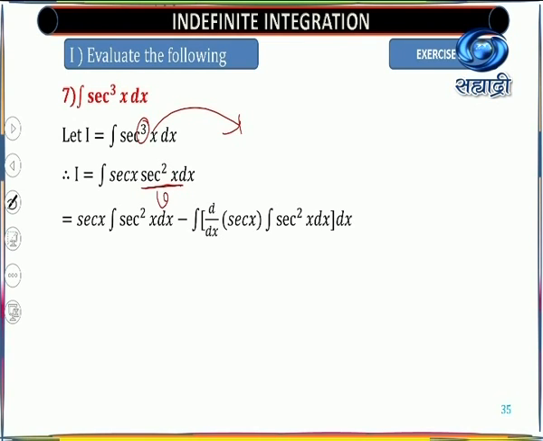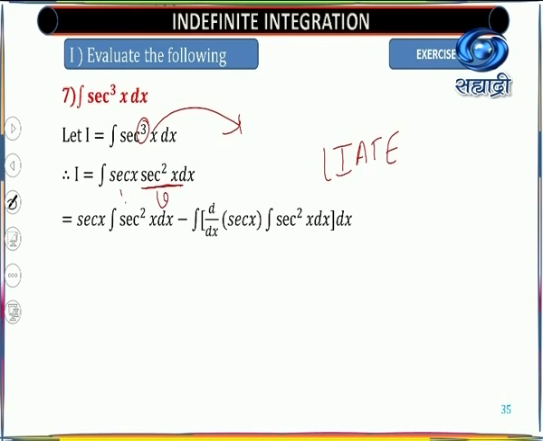So take this as v, because both are trigonometric functions. Now look at your rule, LIATE. In this rule, both the functions are trigonometric. So you start thinking which function is integrable, meaning it is a derivative of some other function.